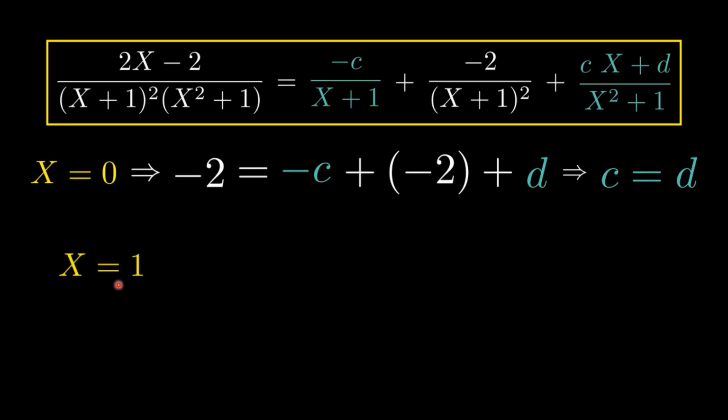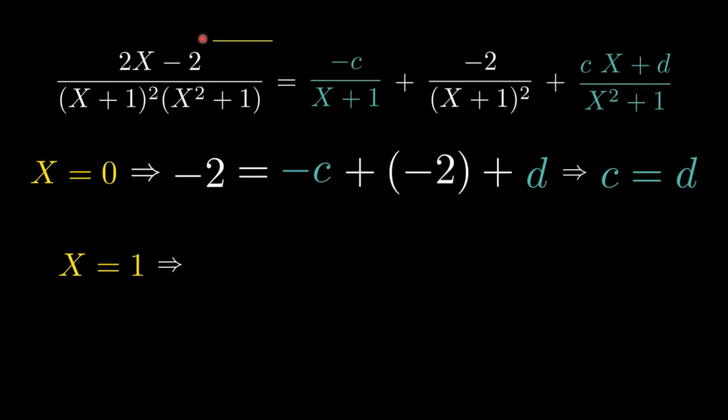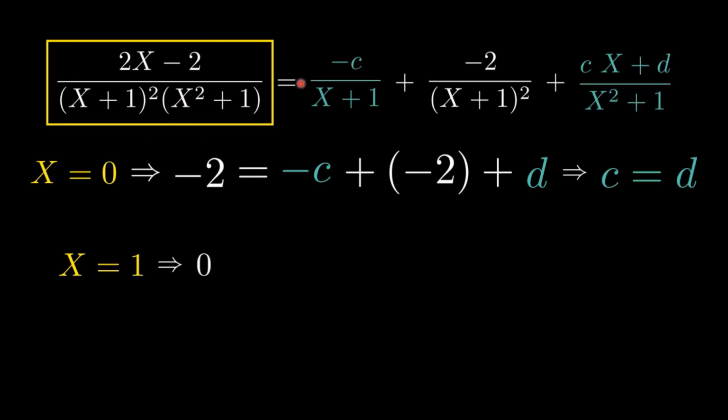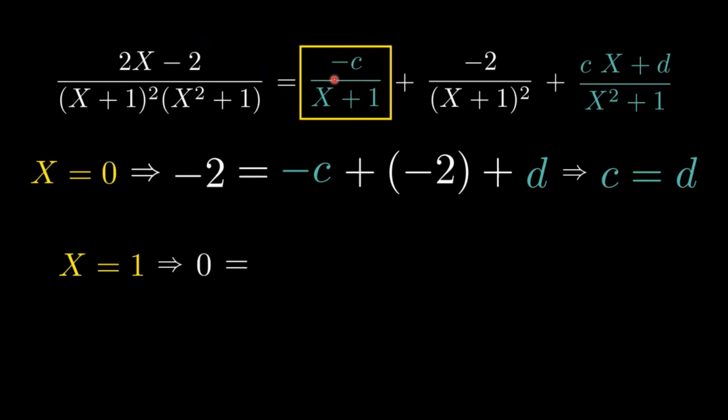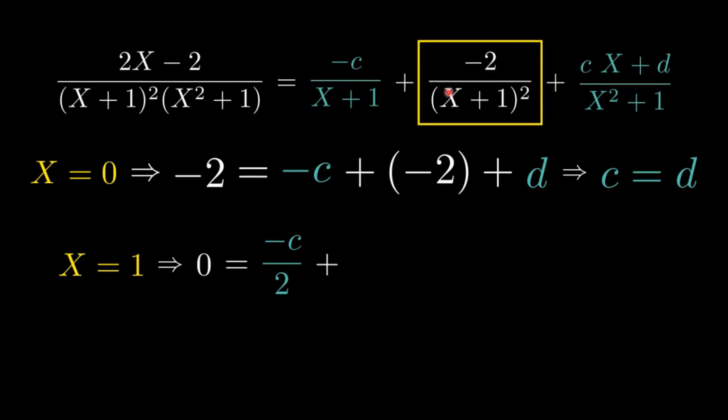Now when we take x equals 1, for this equality, here 2 minus 2 is 0, and 0 over anything is 0, equals negative c over 2, plus negative 2 over 1 plus 1 squared.